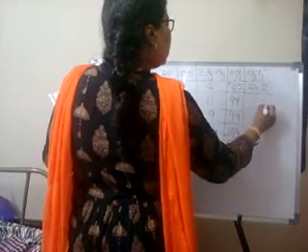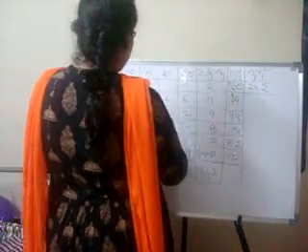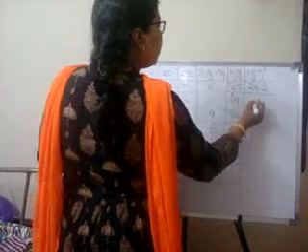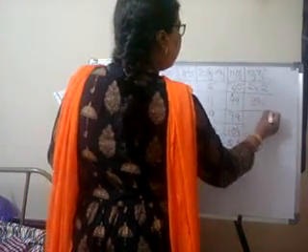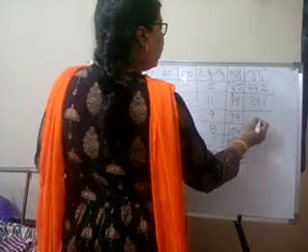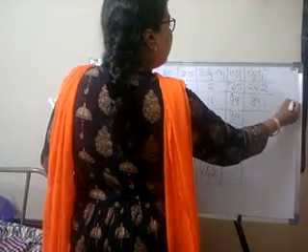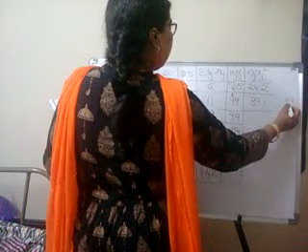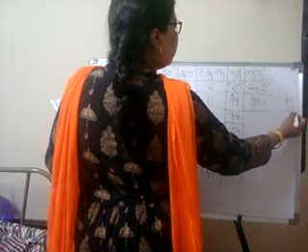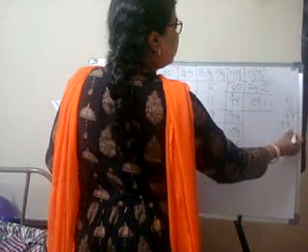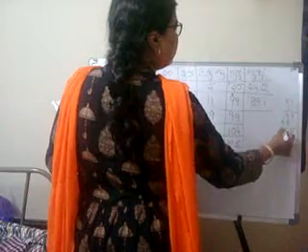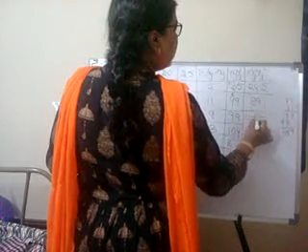Yeah. 81, 8 carry, 9 9s are 81 plus 8, 89. 11, 9, 9, 11. 1089.